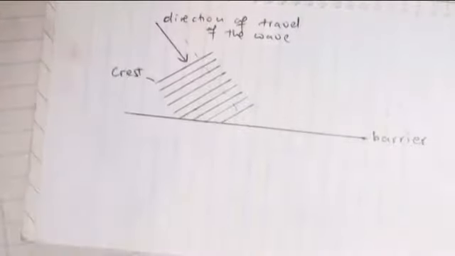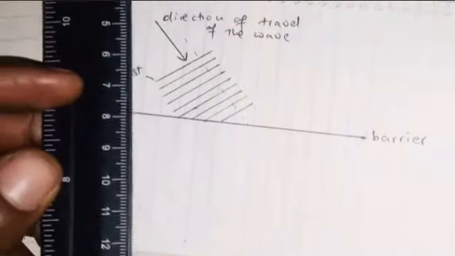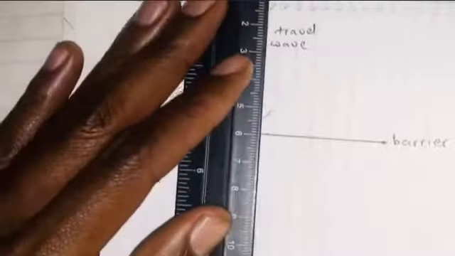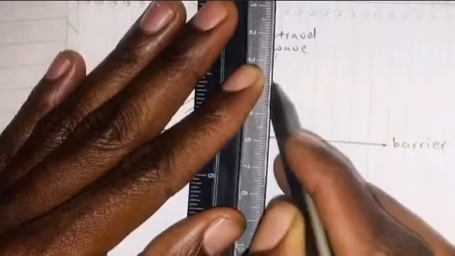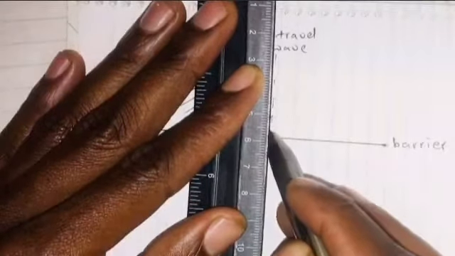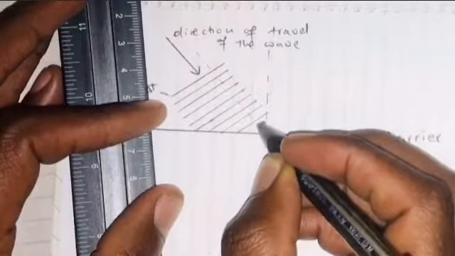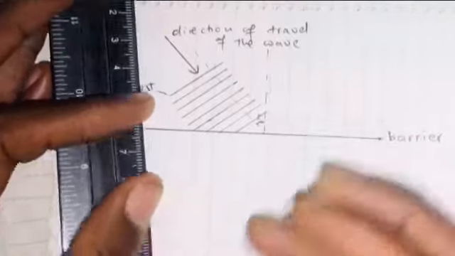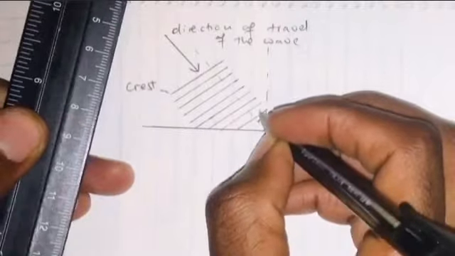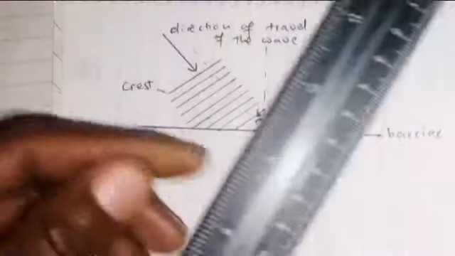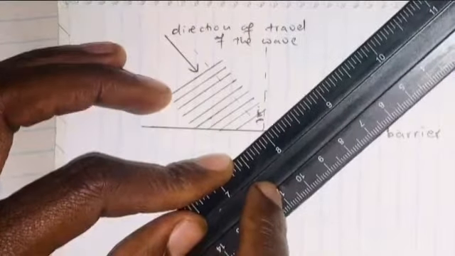When the dotted line reaches the barrier, we draw a perpendicular line so that we can show the angle of incidence. Then this is the angle of incidence. After that, we also draw the angle of reflection.